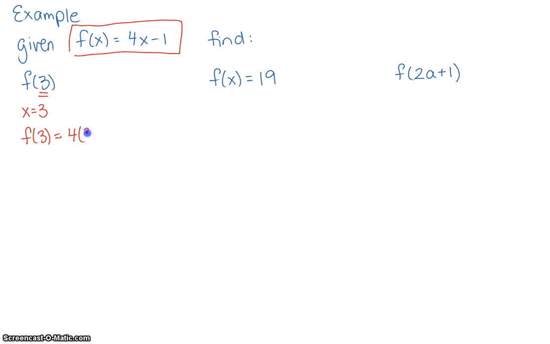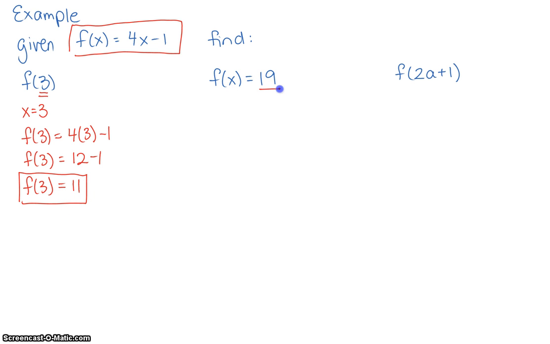So 4 times 3 minus 1. And then as we go along, f of 3 now equals 12 minus 1. So then f of 3 is equal to 11. There's our final statement. It shows us what our x input is at 3, and it shows us our y output at 11, which also corresponds to a coordinate of 3, 11.